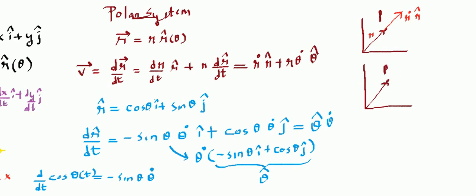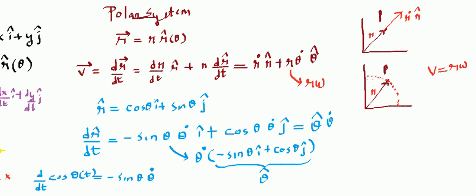If you look at the second term, it is something you already know. R theta dot is omega r. You already know when we write v equals r omega in circular motion, it means this particle P is moving in a circular motion.